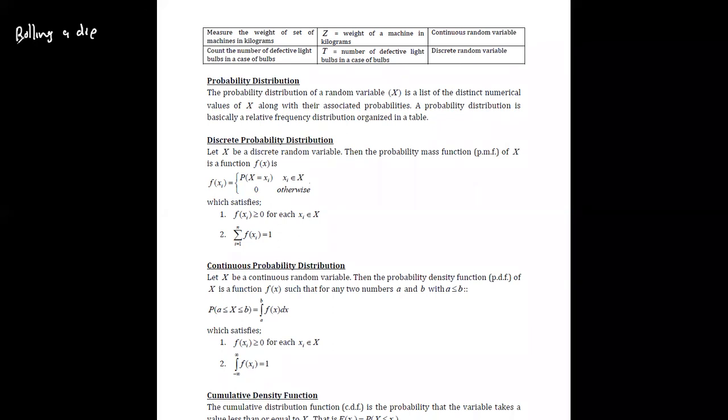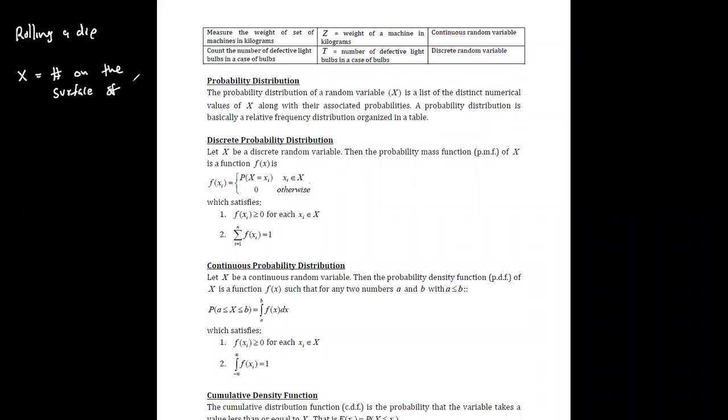If we are rolling a die, let x be the number on the surface of the die. The number that appears on the surface of the die will be the random variable we are considering.